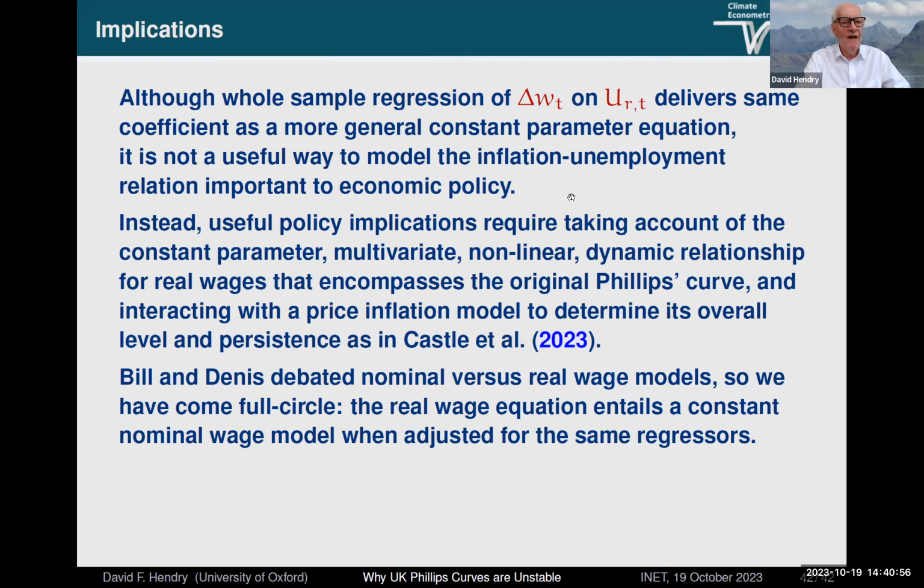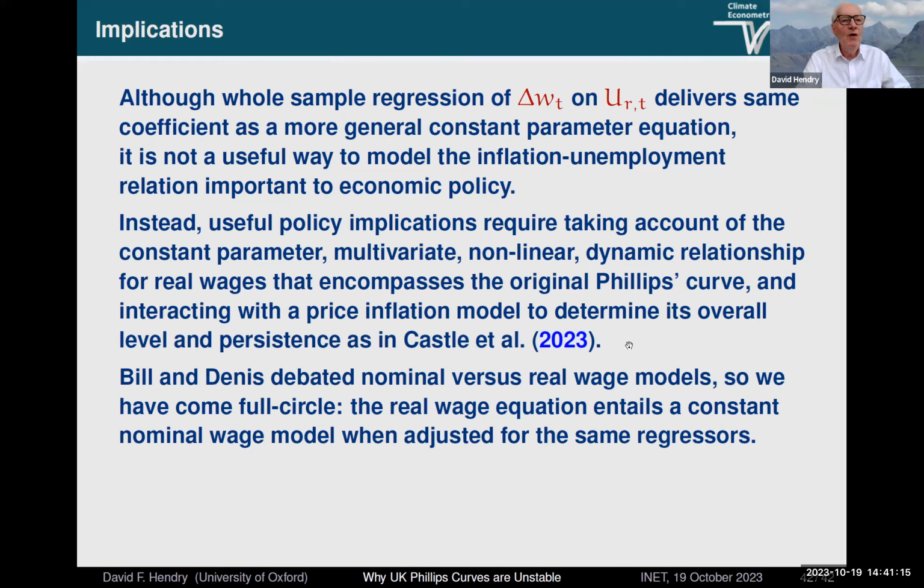What we show is you can get a constant real wage equation, which allows for involuntary unemployment, which allows for wage price spirals, which allows for nonlinear reactions, which allows for feedbacks, for productivity, for shifts that can't be explained but are probably due to changes in measurement systems.